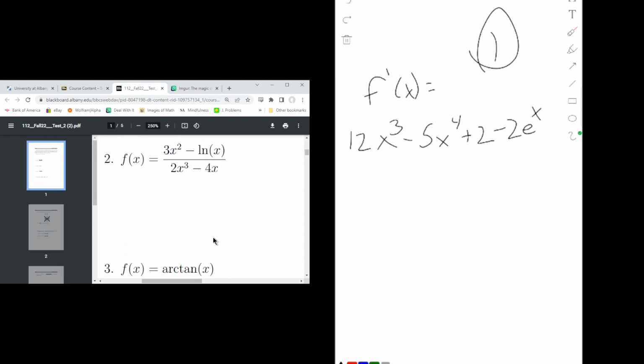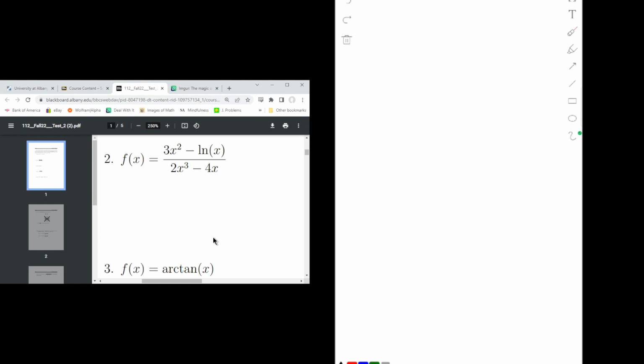All right, so for number 2, it looks like we're going to need the quotient rule. Low d high minus high d low over low low. I'll write that in the corner here. You can't see that high up, sorry.